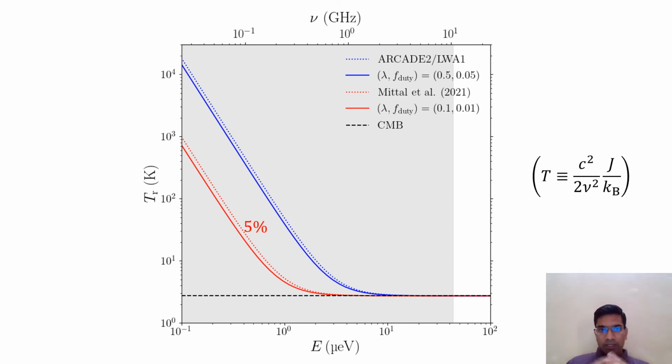So what is interesting over here is that not only the magnitude is explained, but also the slope of this radiation is explained, and this makes these accreting primordial black holes quite interesting candidates that explain the excess radio background.